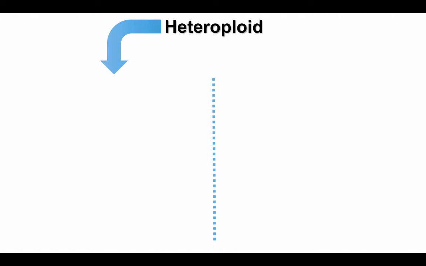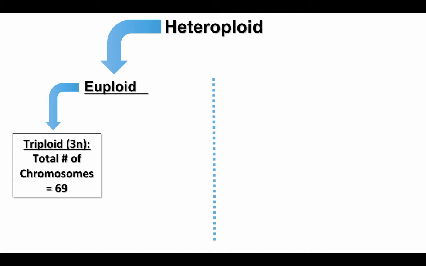If the heteroploid state exists where the total number of chromosomes is a multiple of the haploid chromosome number, or N, it is specifically referred to as euploid. More specifically, if the number of chromosomes is 3 times the haploid chromosome number, or N, a triploid or 3N state exists.